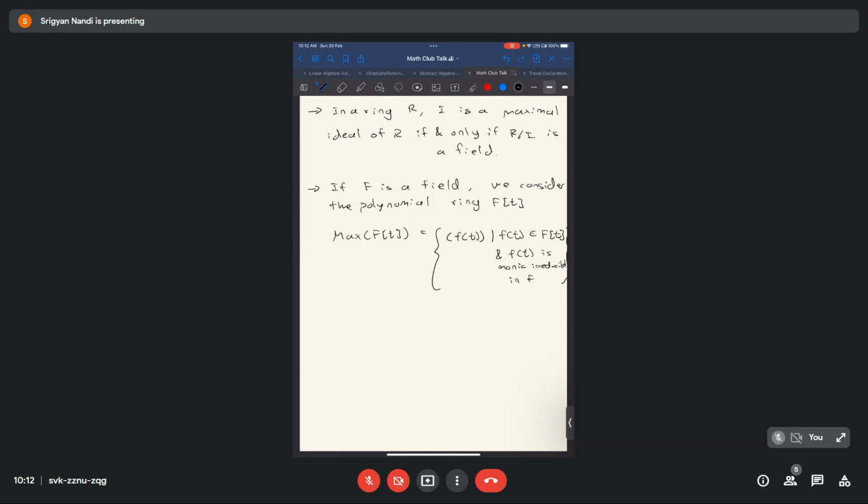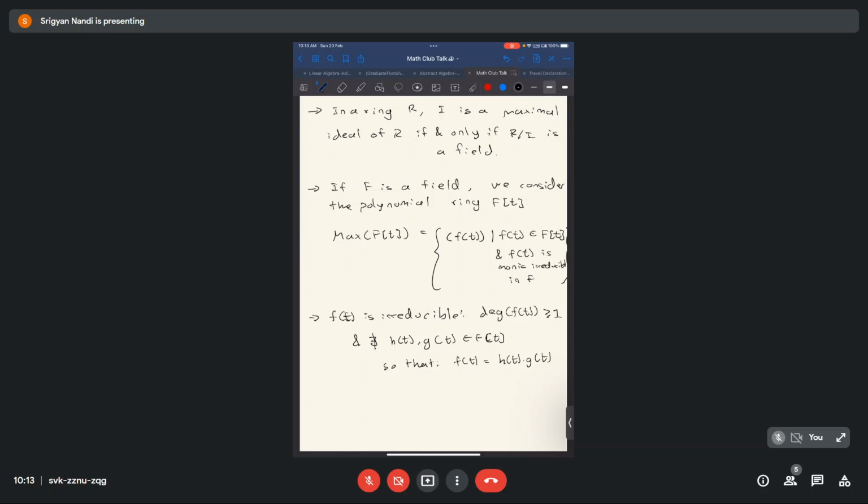So to recap, f(t) is irreducible basically means that the degree of f(t) is greater than or equal to 1, and there do not exist polynomials h(t) and g(t) that belong to F[t] so that f(t) equals h(t) times g(t).